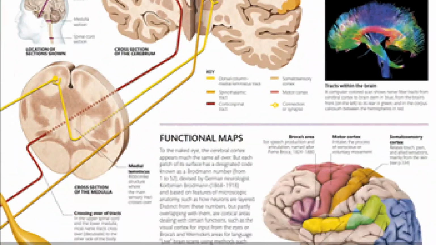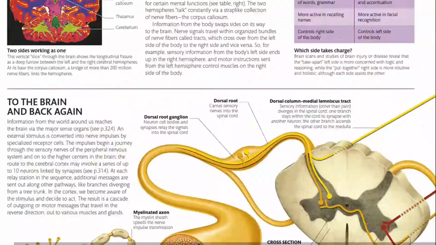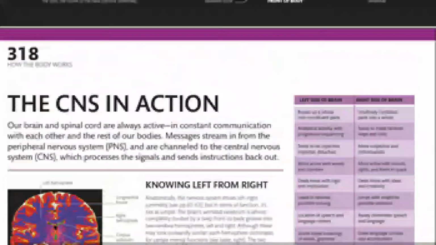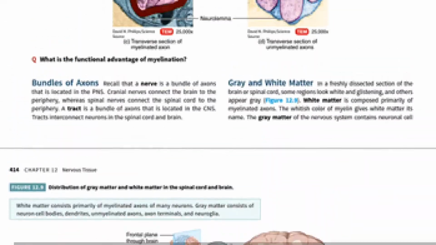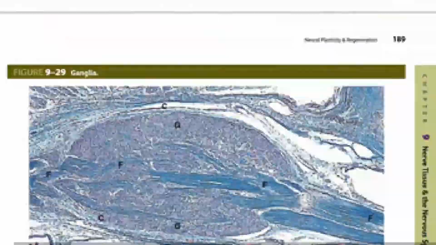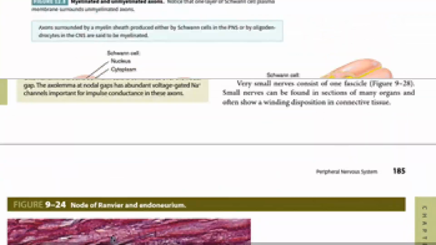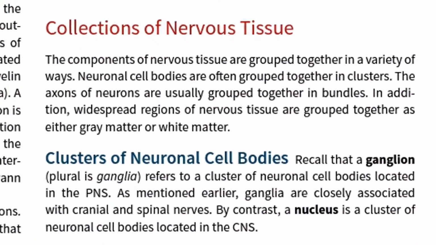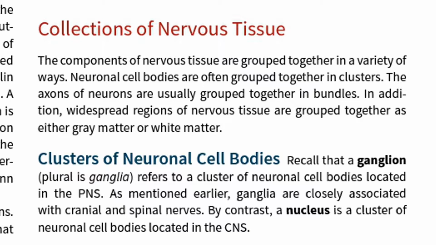So with this we have completed this presentation lecture. In this lecture we have discussed the various components of nervous tissue, collections of nervous tissue.